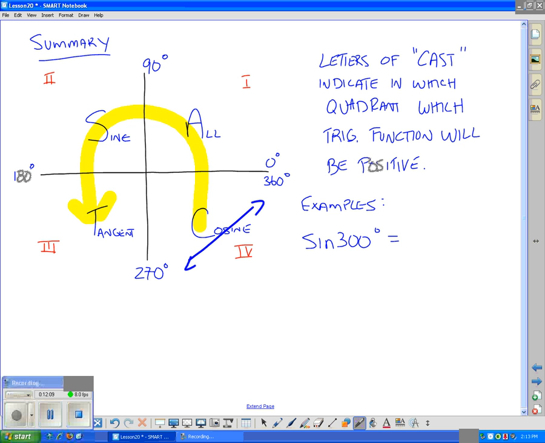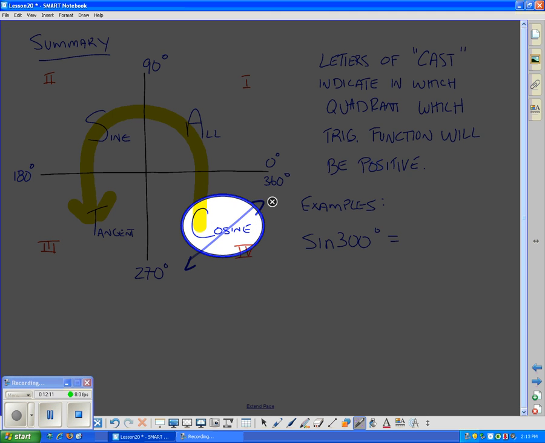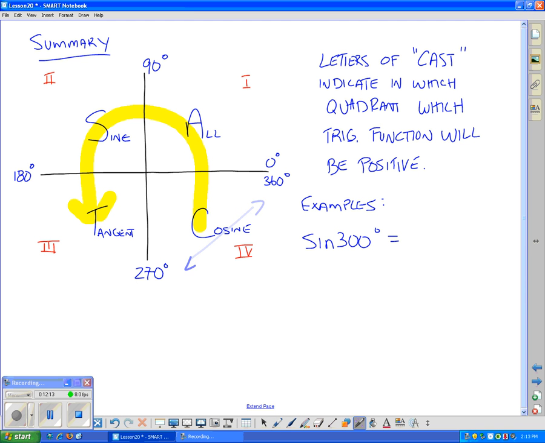I know that in quadrant 4, only the cosine function is positive. So that means that whatever I punch on the calculator, it will turn out to be a negative result. And now you can check this with your calculator. It actually works out to be negative 0.866. I knew it was going to be negative before I even punched it in.